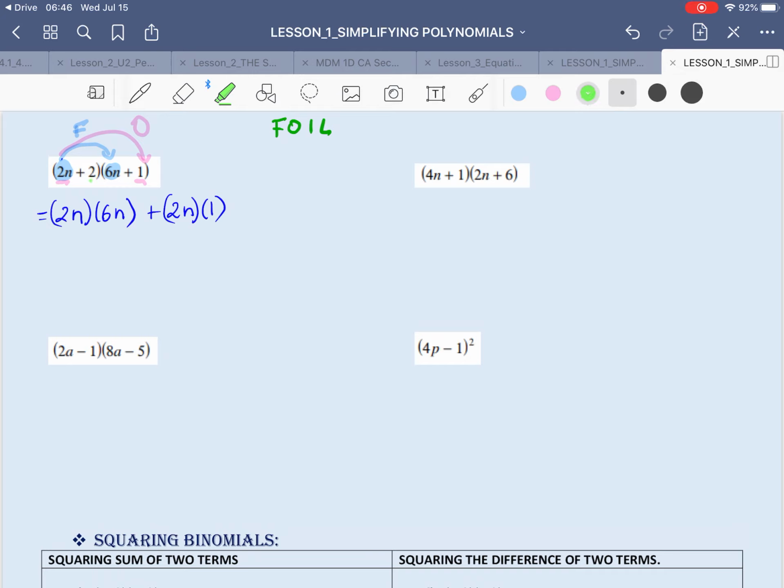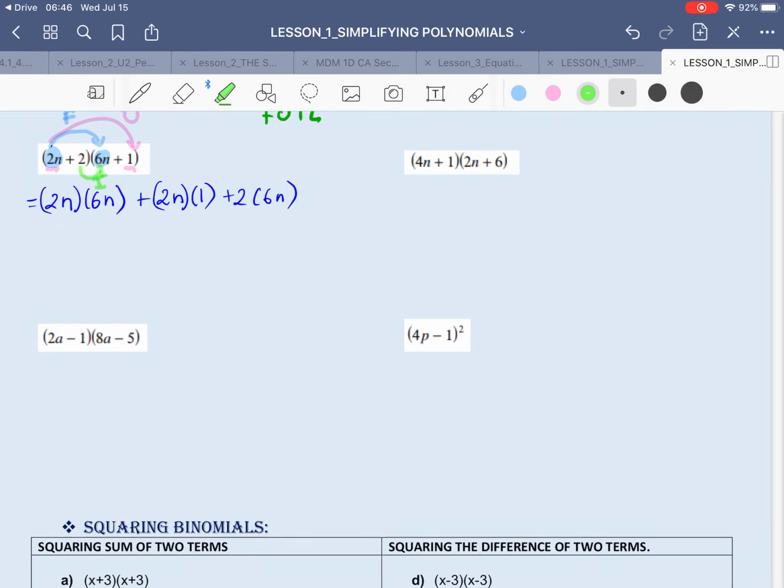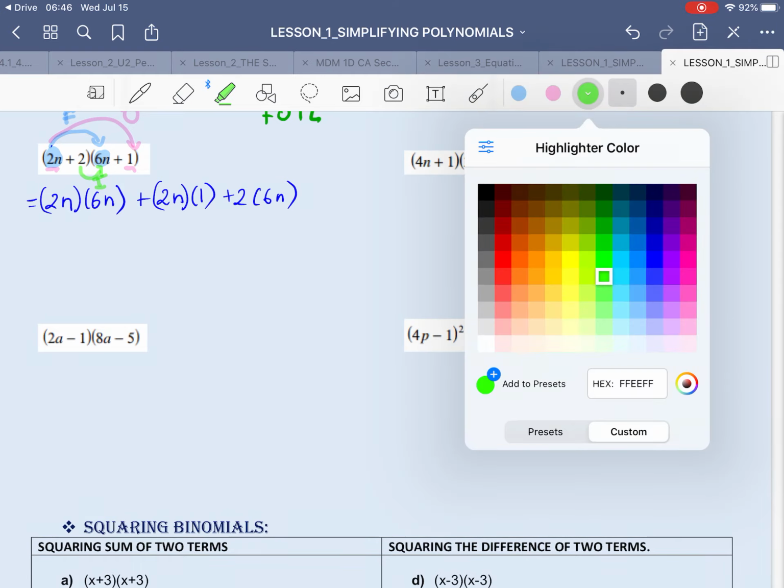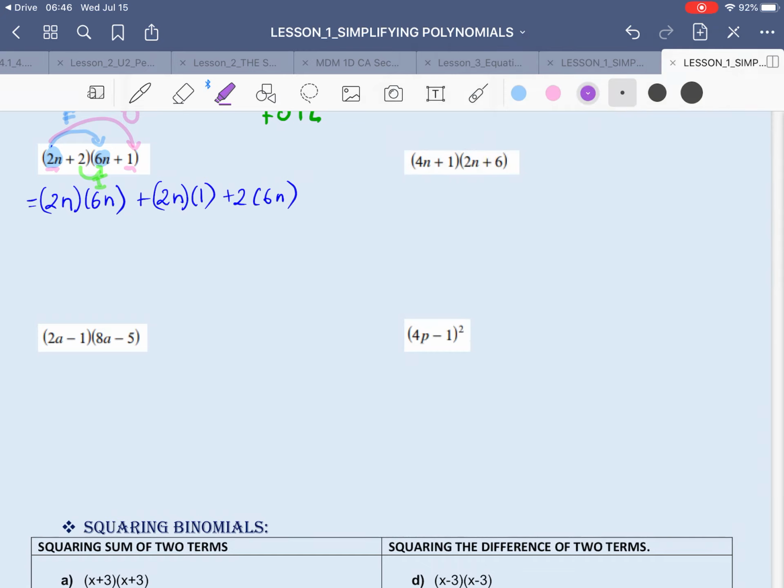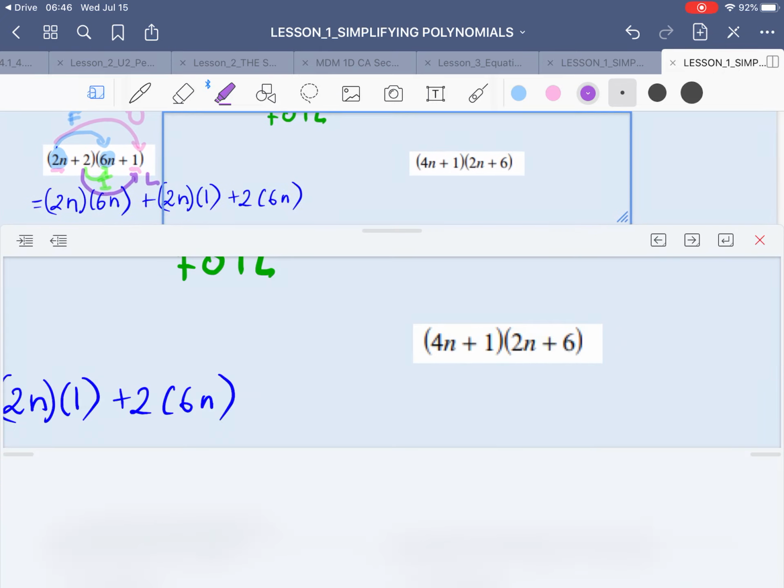The inside terms are 2 and 6n, so the terms that are inside the expression. And we'll write plus 2 times 6n. And last but not least, we will multiply the last terms. The last term means the last term in the first binomial multiplied by the last term in the second binomial. So that means we're multiplying 2 by 1.